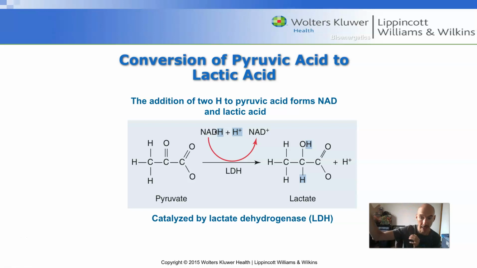If oxygen is available, the NADH can go to the electron transport chain. If oxygen is not available, the NADH is like, hey, I can't hold on to this hydrogen. You got to take it back, right? So what it does is the hydrogen is released and it combines with pyruvate to form lactate or lactic acid.